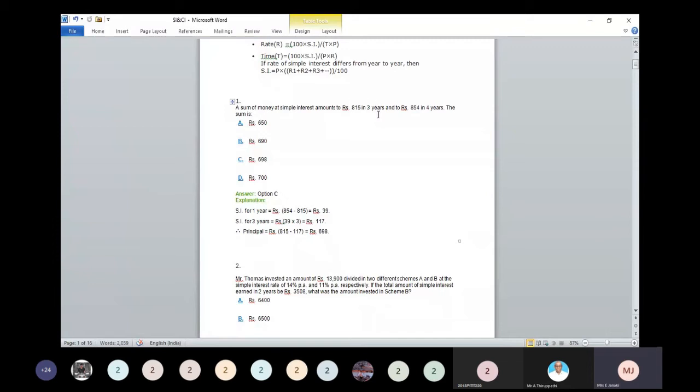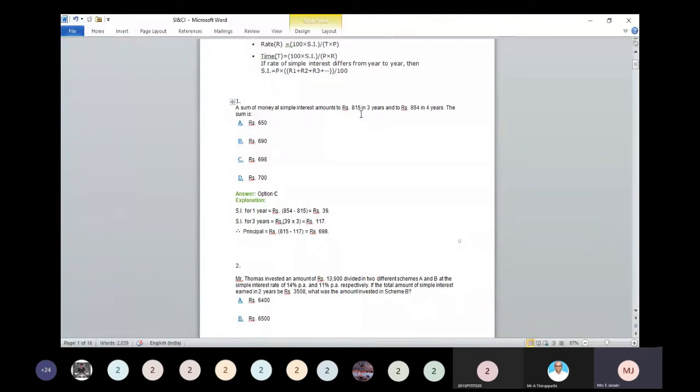After 3 years, you are getting rupees 815. In this 815, the simple interest for 3 years is also included. And after 4 years, you are getting rupees 854.